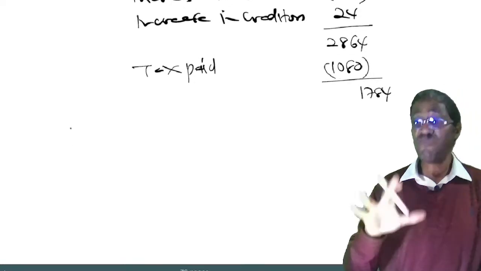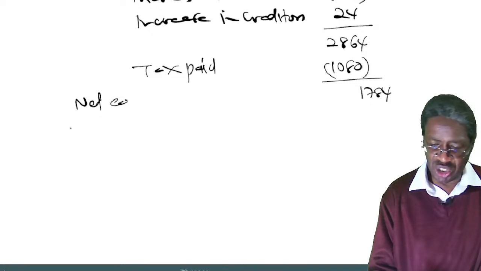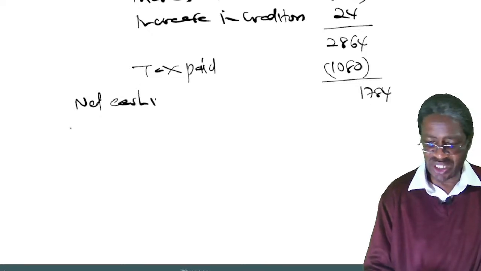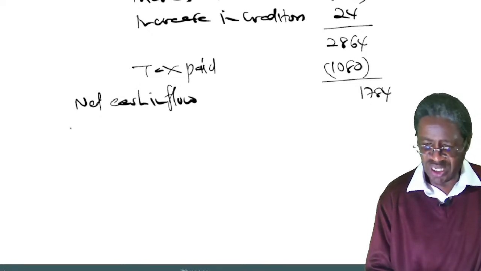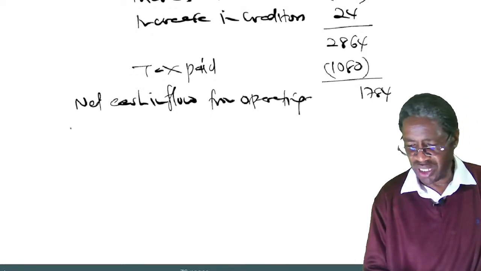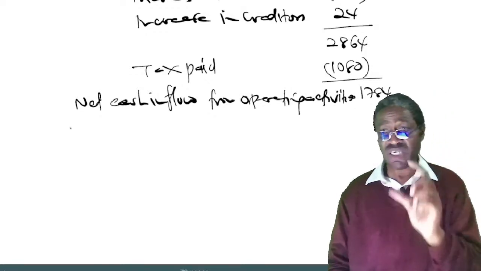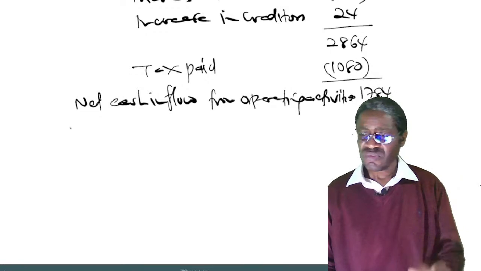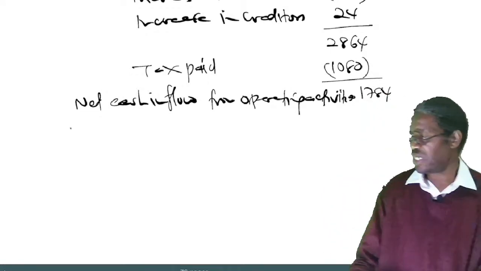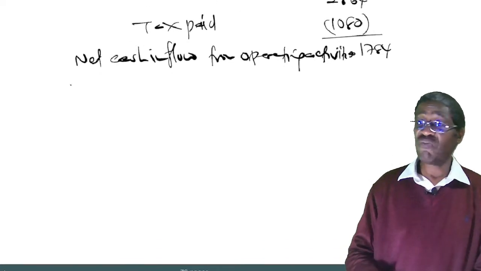And being a positive, we now call it net cash inflow from operating activities. Good. Now we can go to the second category of the cash flows.